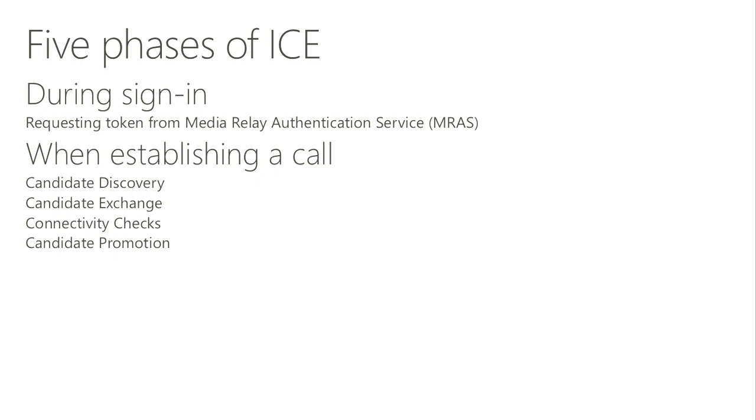At this point of time, Bob will do the same. Well, I need to figure out where Alice could reach me, send that back to me, so that would be the candidate exchange. And then they do connectivity checks. They know where potentially they could reach each other, so now they need to test where they can reach each other, and then finally they will pick the best candidate, the optimal candidate, to establish a media connection, and they will have the call, and we will look into all of these steps in detail.